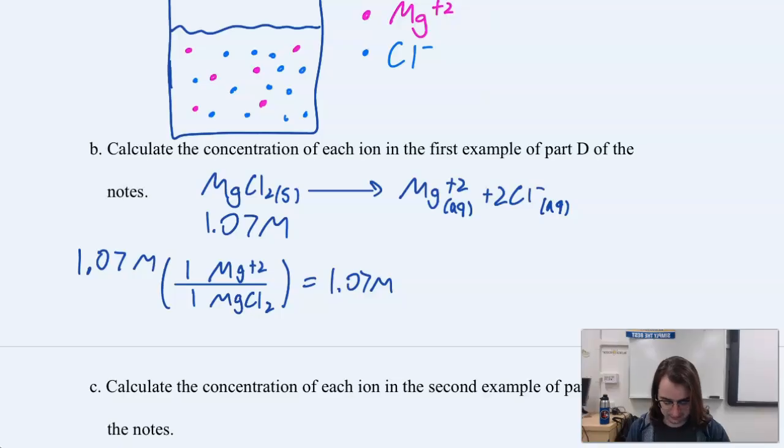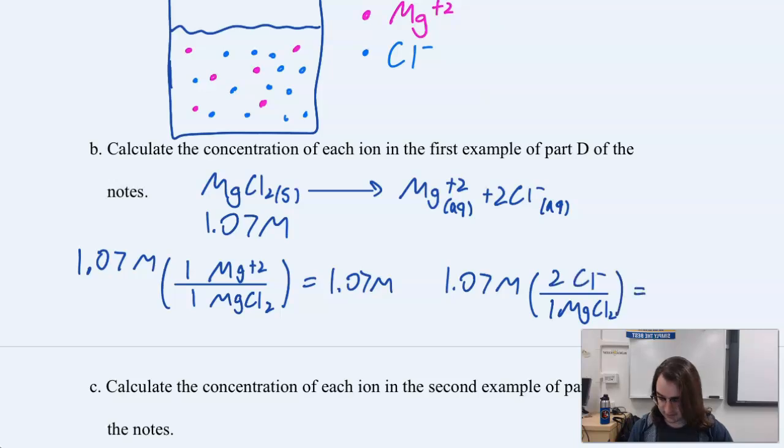But if I were to do this with Cl minus, you will notice that something interesting happens to my concentration. In fact, my concentration doubles. This was for Mg+2. Very interesting, just as we have observed.